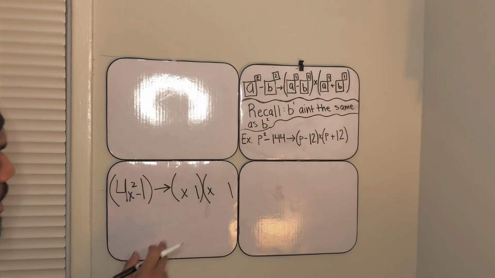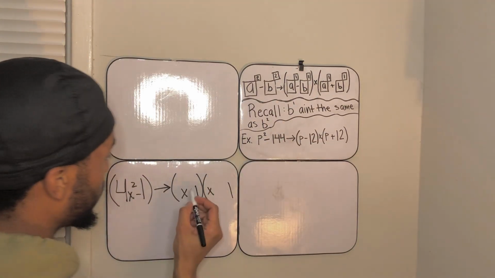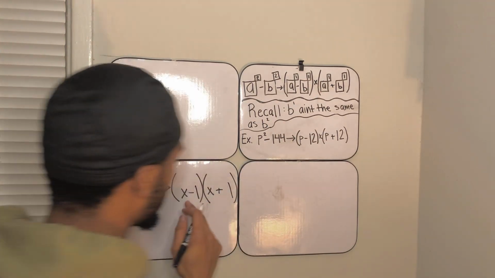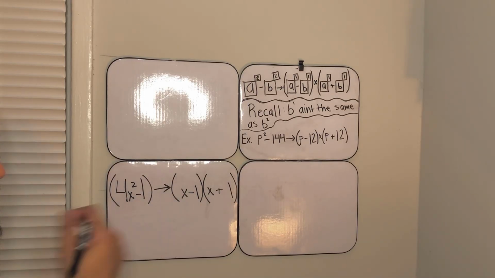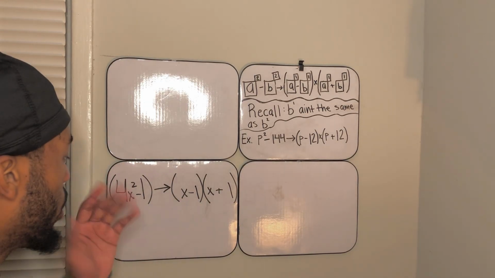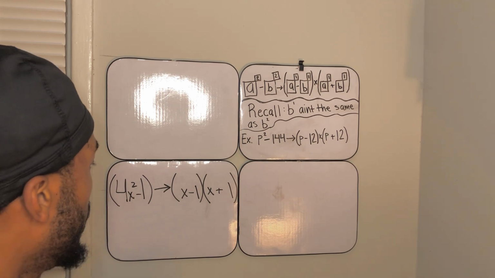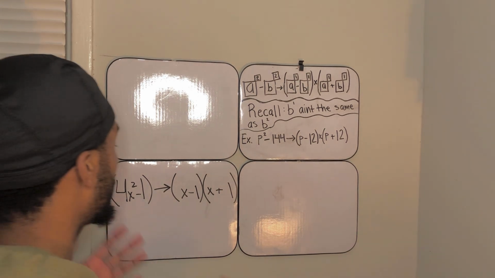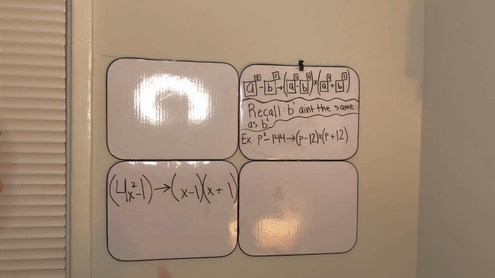Now, next thing we gotta look at is what's gonna be minus and what's gonna be plus. So again, that first parentheses is subtraction and the second one is addition. Now let's get back to this coefficient real quick. What's the square root of 4? Well, the square root of 4 is 2, and that 2 is right in front of the x.